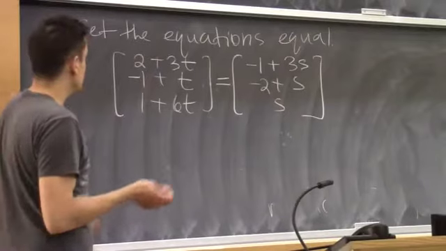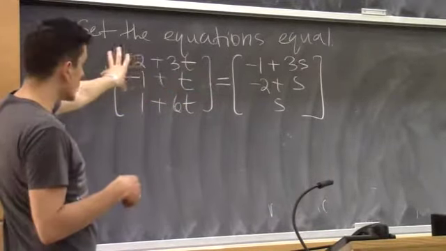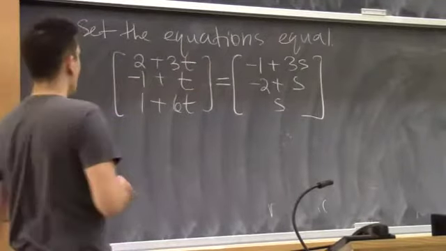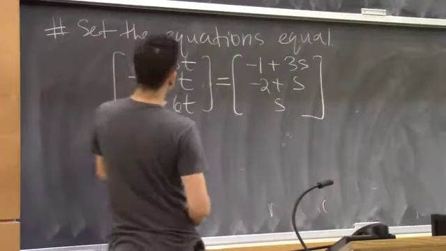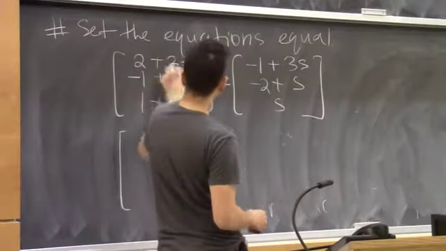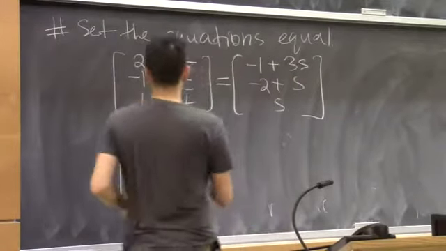So we can move all the constants to one side and all the variables to the other side. And what do we get then? We're going to move all the constants to the right-hand side and all the variables to the left-hand side.